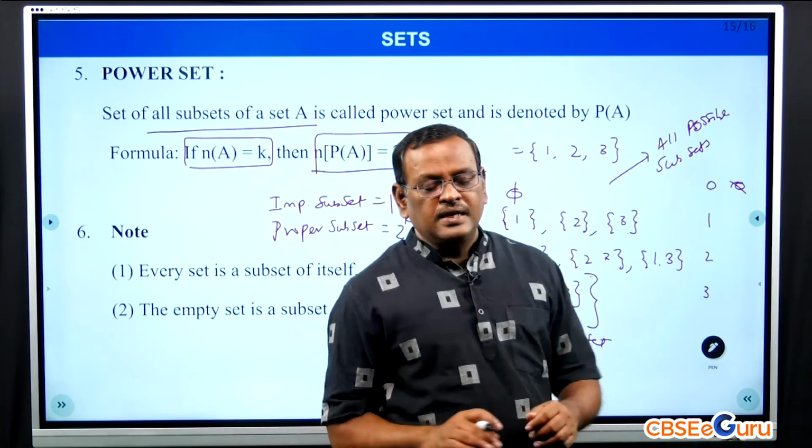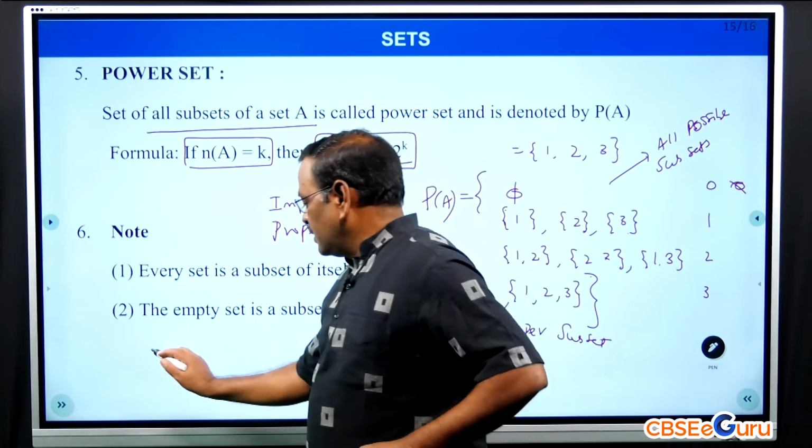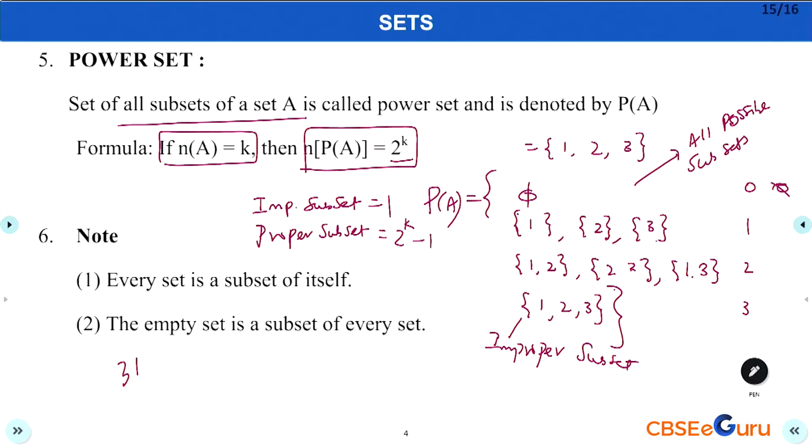If a set has 31 proper subsets, what is the total number of elements that the original set contains? Very simple. What is a number very close to 31 which is a power of 2? 32.